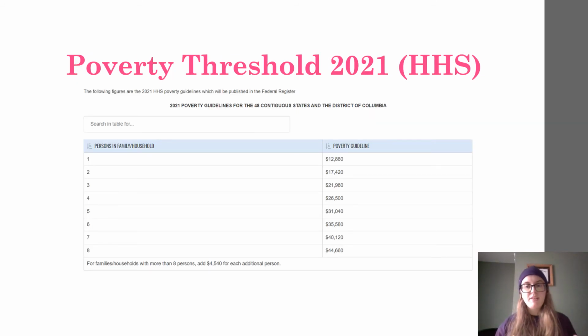And we can also examine this via the different poverty thresholds. This is from the Health and Human Services guidelines, and it is updated every single year depending on inflation and what a dollar is worth.